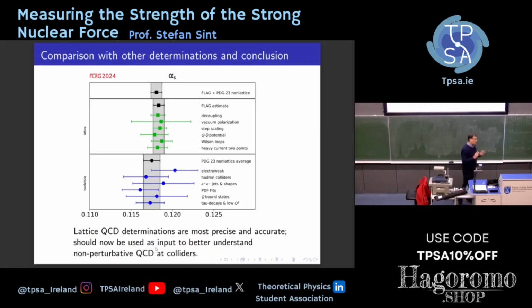If you change the number of colors, you have a completely different theory, and you can formulate some matching conditions, say some couplings that stay the same, and then you see how other quantities are basically behaving as functions of 1 over N.